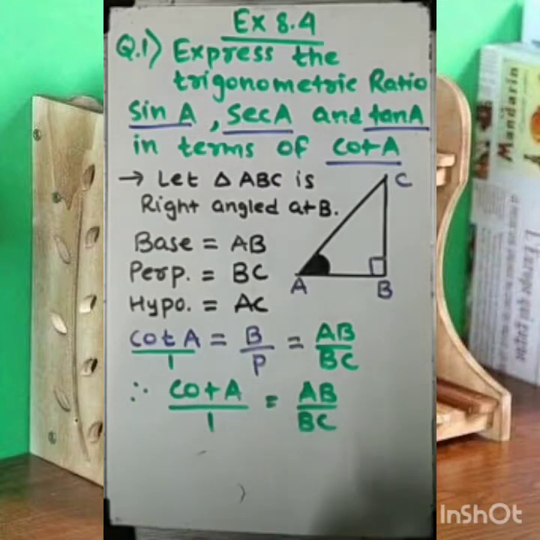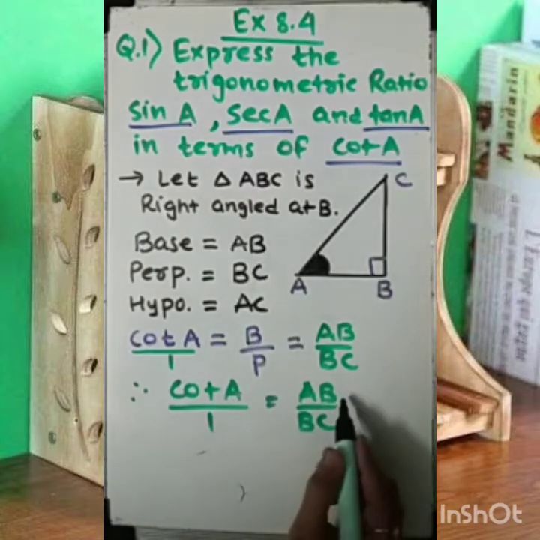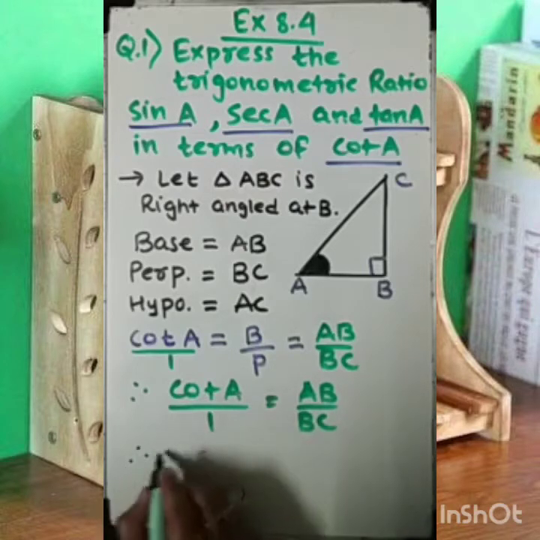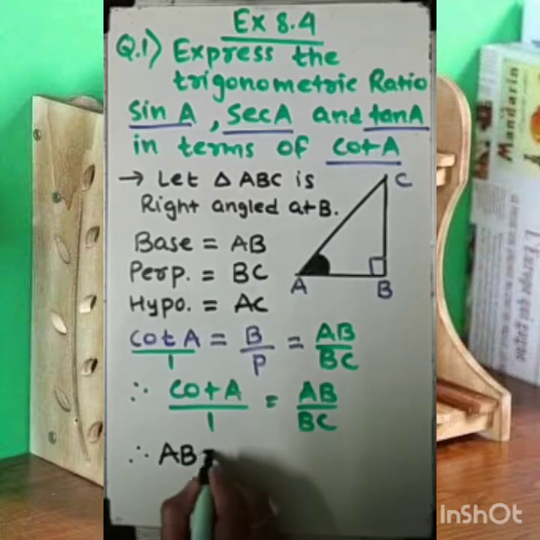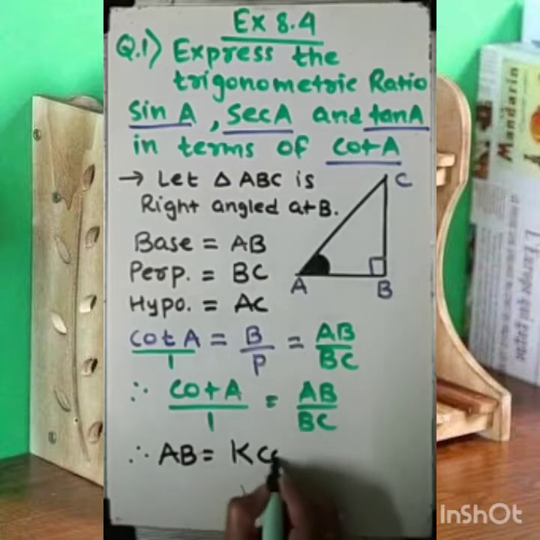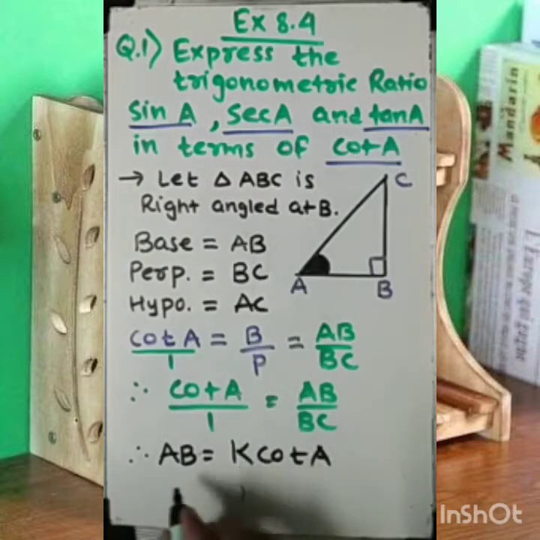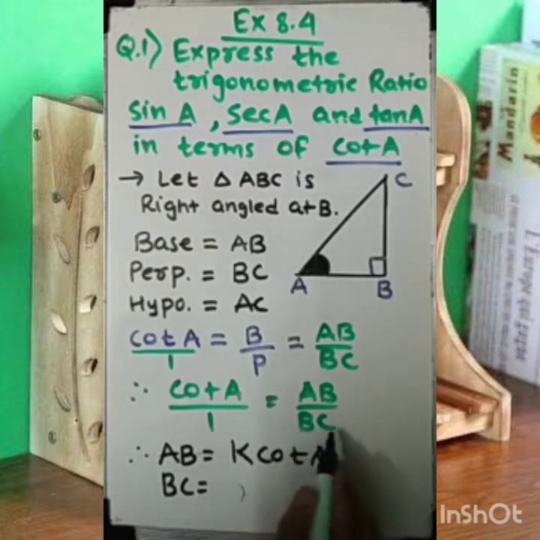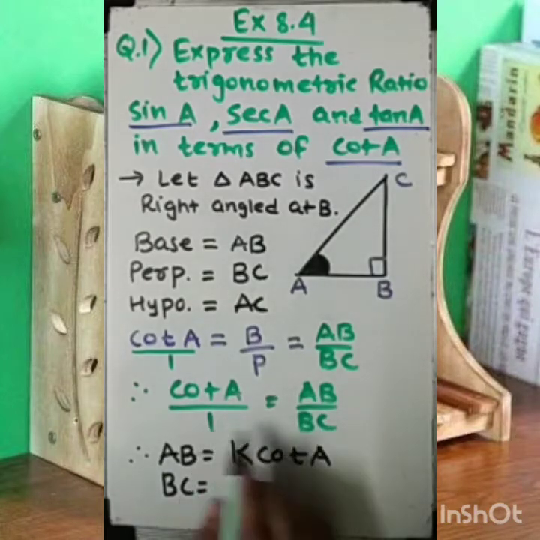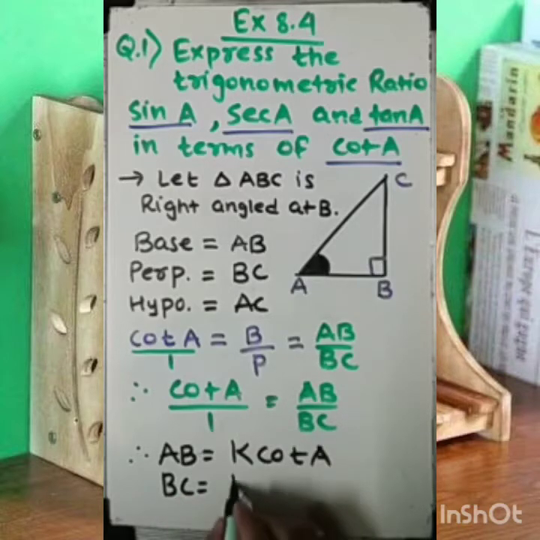So I need to take any one constant. According to this, if I compare, then can I say AB will become k cot A, as I am choosing k as a constant here. And similarly the value of BC will be k, because this is 1 into k, that is k.